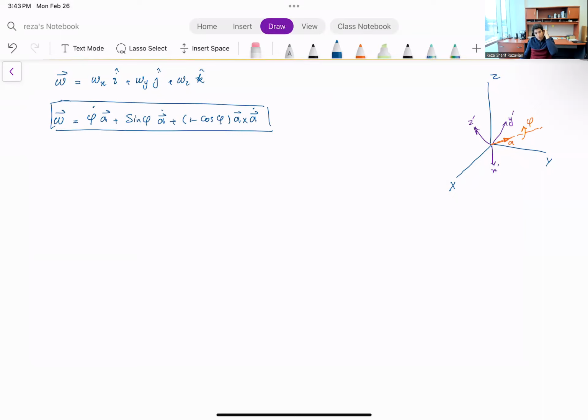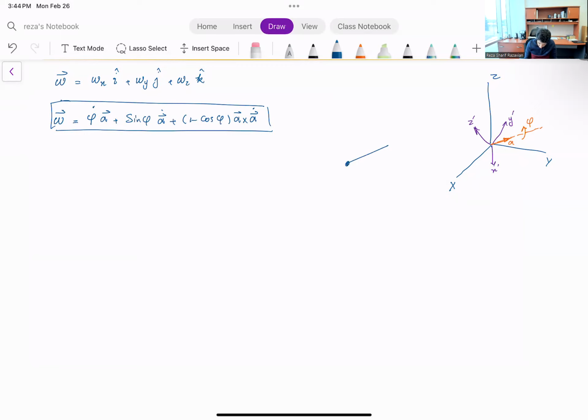This equation on its own is useful when you know, for instance, how your axis changes. So let me maybe draw it. Consider a random body, where this point is fixed.